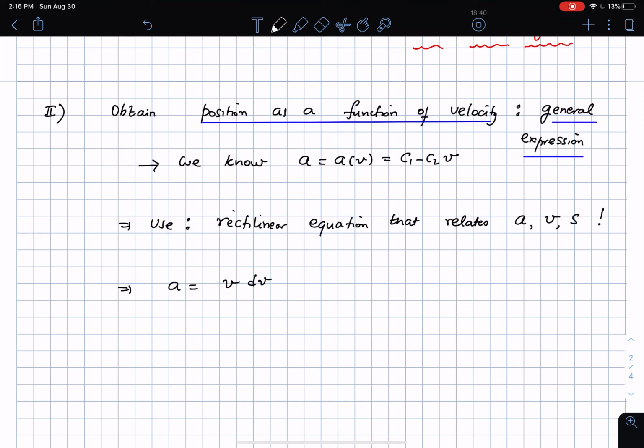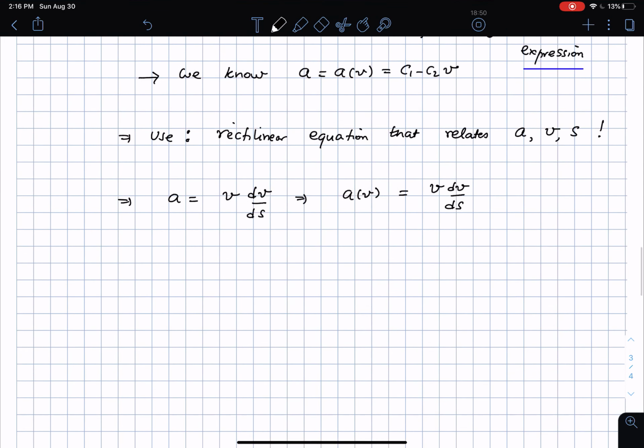So the rectilinear equation that relates a, v and s is a equals v dv by ds, which means that a of v is equal to v dv by ds. Okay, and so if I do the substitution, then this is going to be c1 minus c2 v equal to v dv divided by ds, and then do the cross multiplication carefully.